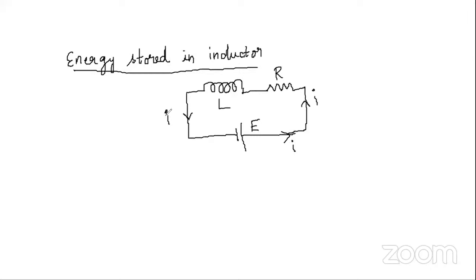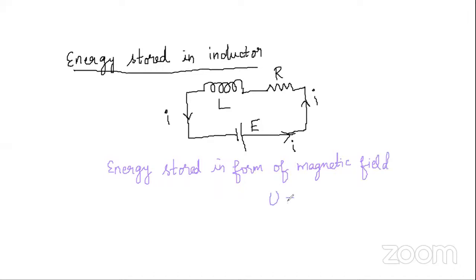And what is the expression for the energy? So that we can write here. Energy stored in the form of magnetic field in the inductor is U equal to half Li square.